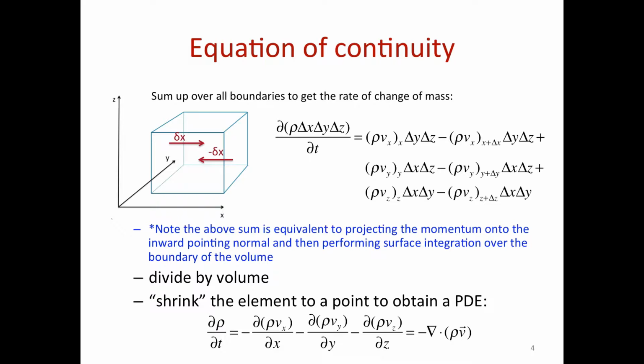So basically, that's why when you look up what is divergence of rho v, or divergence of any vector quantity, in cylindrical coordinate system, you will have that 1 over r d/dr kind of term sitting in there. That's because of this change in area with the distance from the center of the coordinate system.